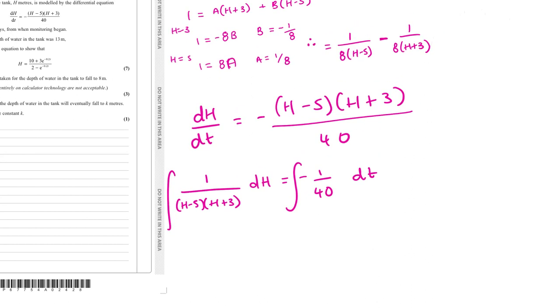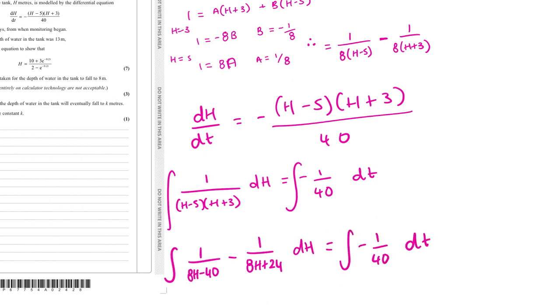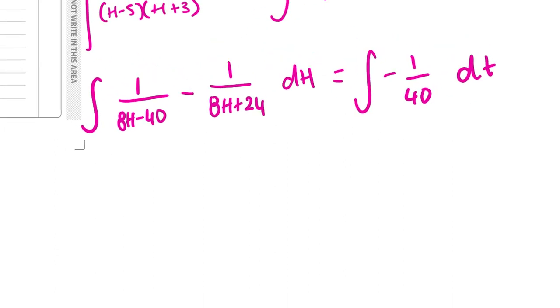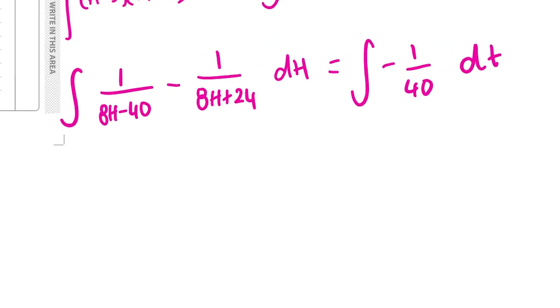So now, how do we integrate this? Well, we can use our partial fractions: 1 over 8h minus 40, minus 1 over 8h plus 24, with respect to h equals the integral of minus 1 over 40 with respect to t. Okay, so let's do this then. What's the integral of 1 over 8h minus 40?